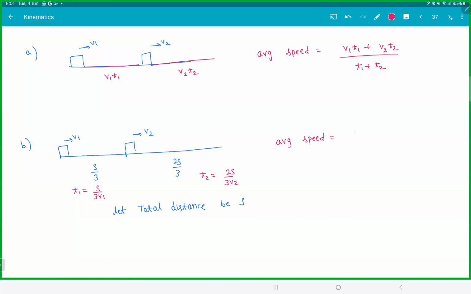So average speed will be total distance s by time taken, t1 plus t2. This will be s by 3 v1 plus 2s by 3 v2. S will cancel. 3 would go up and you end up with 1 by v1 plus 2 by v2, which is 3 v1 v2 by v2 plus 2 v1. That's your answer. Right, Ahana, you got it. Ishana, you also got it.